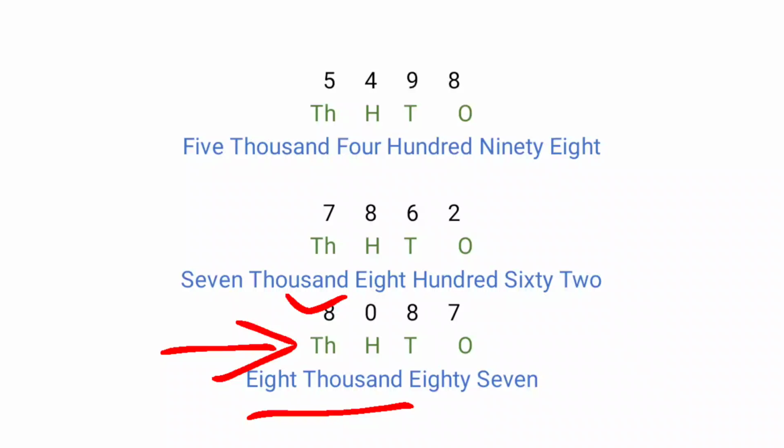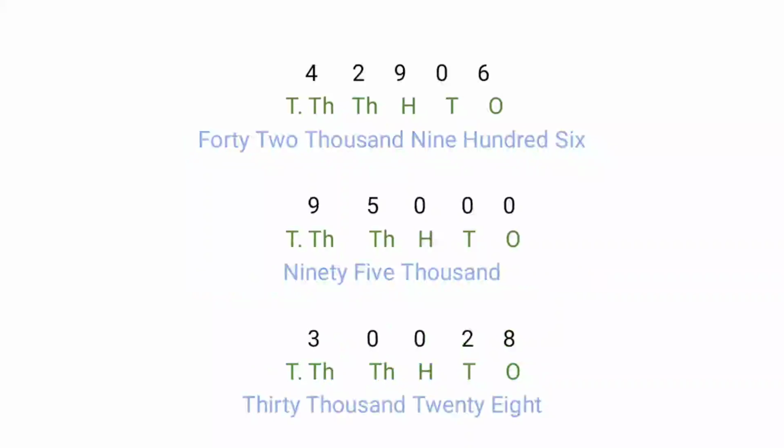When the 0 is situated inside a number, while we are reading, the digit 0 will be neglected, so the hundreds place will not be there in the number. Now the next is 87, and it is written as 87. So the total number in words will be 8087.